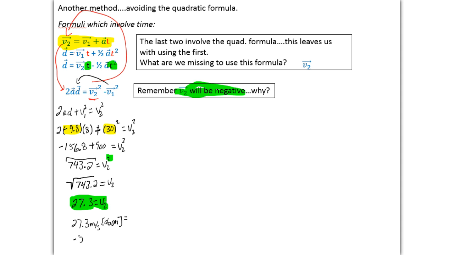Now, we said all of our vector directions had to be the same. So we need to change this to a negative. What's happening is the ball is being thrown up at 30 meters per second. And as it starts to come back down and it's caught on the way back down, it's traveling in the opposite direction. So it's a negative 27.3. So this is what we need to use here.